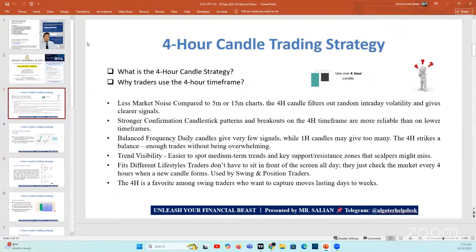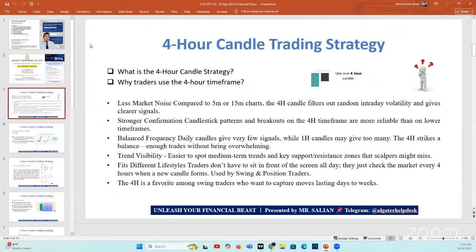All right. So less market noise compared to the 5-minute or the 15-minute charts, which is true. The higher the time frame, the less noise. The H4 candle filters out random intraday volatility and gives clearer signals. Right?